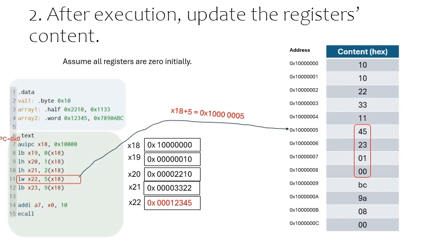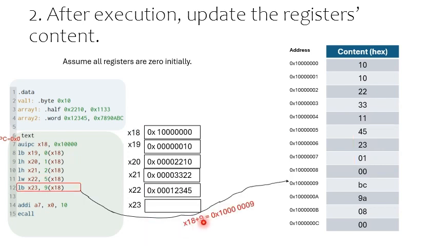The last one, it will go to X18 plus 9, which is 1000009, to get how many bytes. You check the instruction is LB, then it is just to get 1 byte, okay, which is BC. However, BC has bit 1 at the MSB, so when we do the sign extend, we will have FFFFFF in front of the byte BC. Okay, so that's why I highlight sign extension is needed if the processor is not fetching the full length of the word.